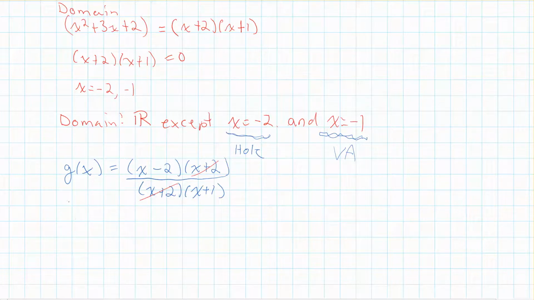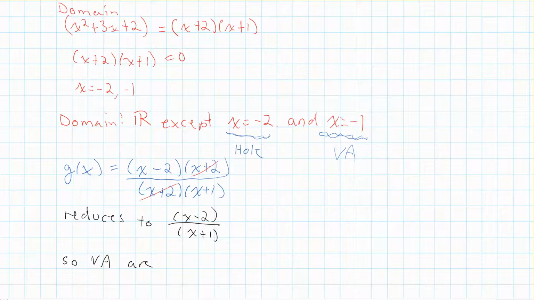But we can say here that it reduces to x minus 2 over x plus 1. So then the vertical asymptote is x equals negative 1, because that's now the only thing that makes the denominator 0.